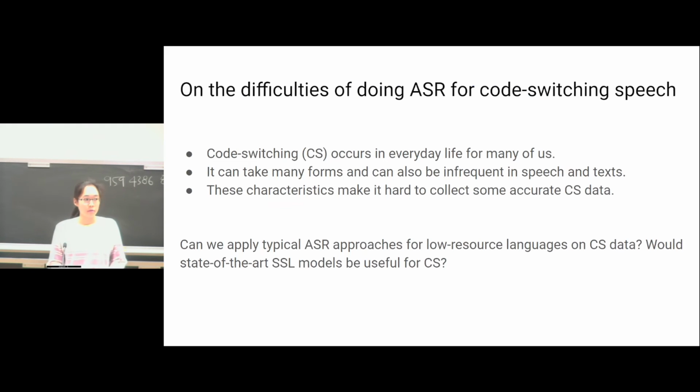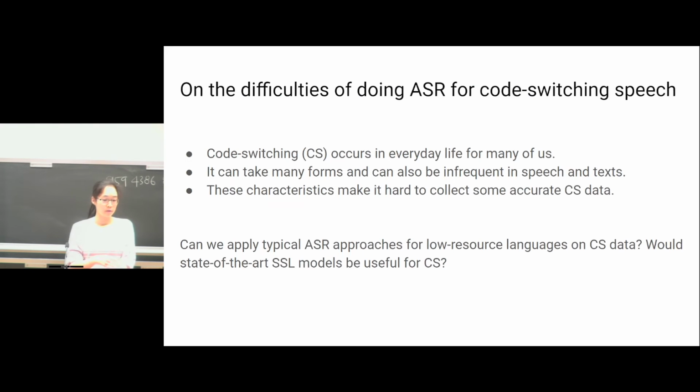When we talk about code switching in speech, it's actually using 2 or more languages in the speech. You can just switch a word in a sentence and use another language instead of your native language, for example. I think that most of us or all of us can use and will use code switching in everyday life. But depending on the person, it might take some different forms.